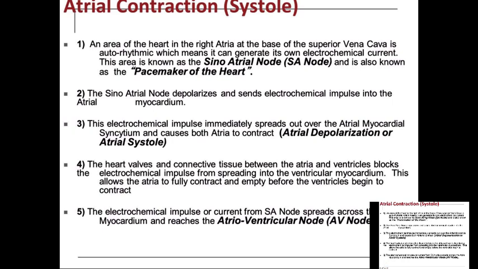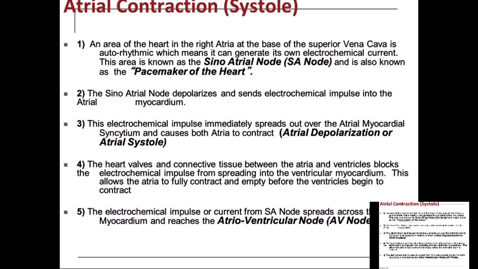So we start out at the SA node, which we know is the pacemaker, and it's going to drive that conduction to both atriums so that the atriums contract. When the atriums contract, it's going to create that little bit of a P wave, and it's certainly not as intense as the QRS wave, because gravity alone is going to help take some of that blood from the atrium into the ventricle.